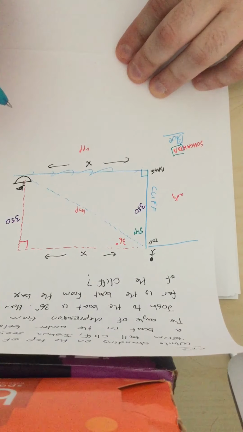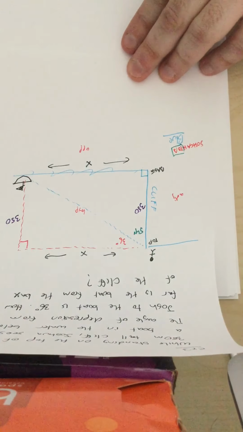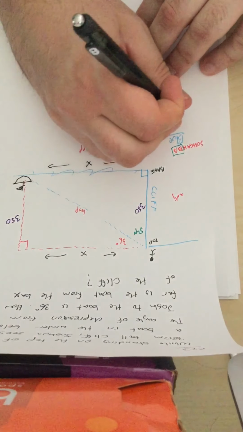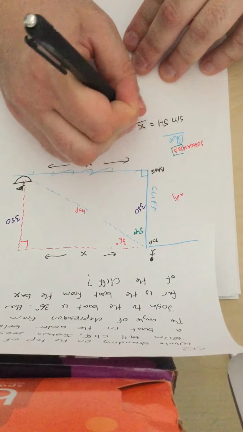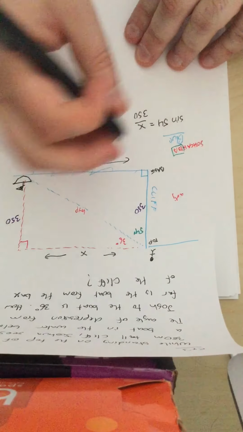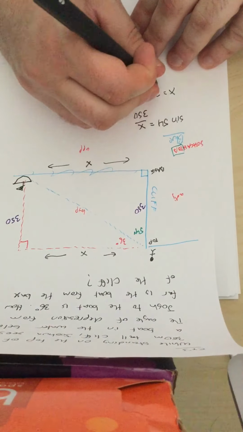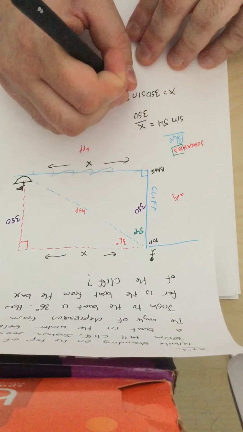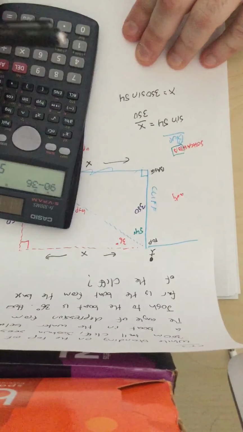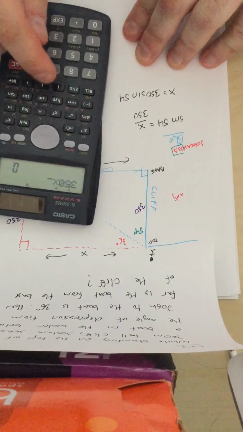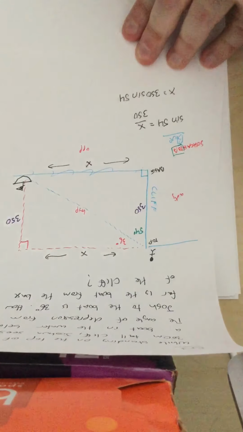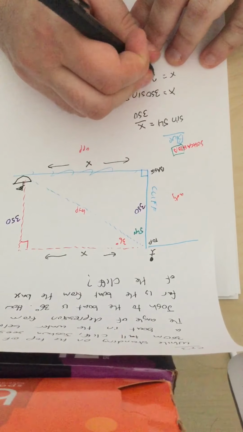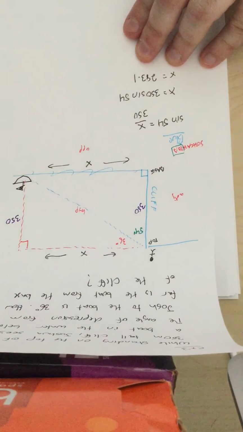So we're going to have sine of 54 equals x over 350. And then solving it, I'm going to skip a step here. So 350 times sine 54 is 283. So x is going to be 283.1.